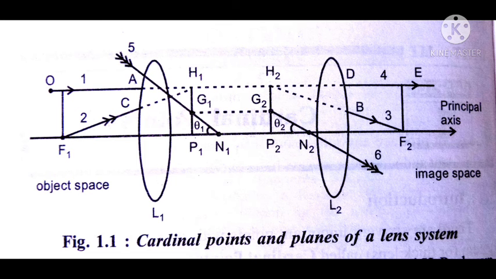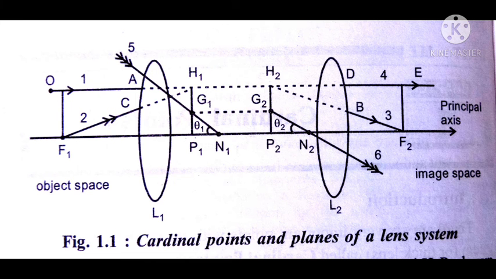Now see the figure. In this figure, the points H1 and H2 are the principal points. If we draw perpendiculars on the axis, H1P1 and H2P2, these are the 2 points, and therefore the planes H1P1 and H2P2 drawn perpendicular to the principal axis are called the principal planes. Thus the principal planes H1P1 and H2P2 are the locus of points where a single refraction due to the lens system is supposed to occur.